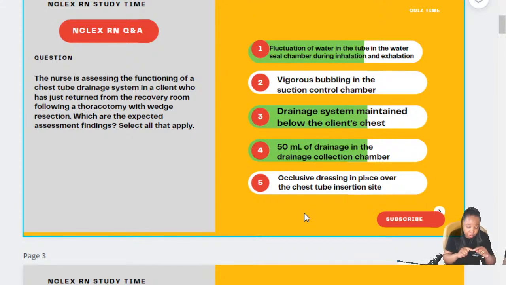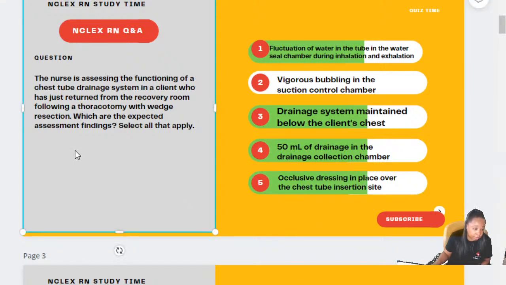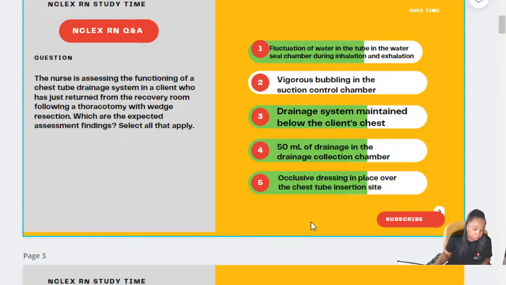In a square we have four sides, so you tape 3, and yes, occlusive dressing is very important. So we also choose this one. Okay, guys, these are things that you have to make sure you do after a thoracotomy.